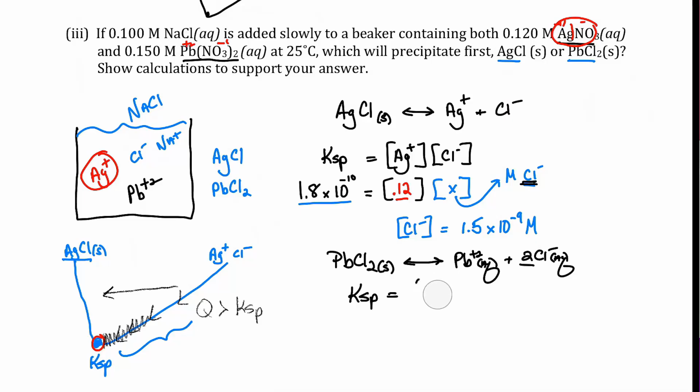Okay, so we just need to start from scratch. So Pb plus 2. And I'll do this in blue. This time this is going to be the chloride ion, of course, squared because of the 2 there. All right, so we know the KSP from the previous page for lead chloride is 1.6 times 10 to the negative 5.